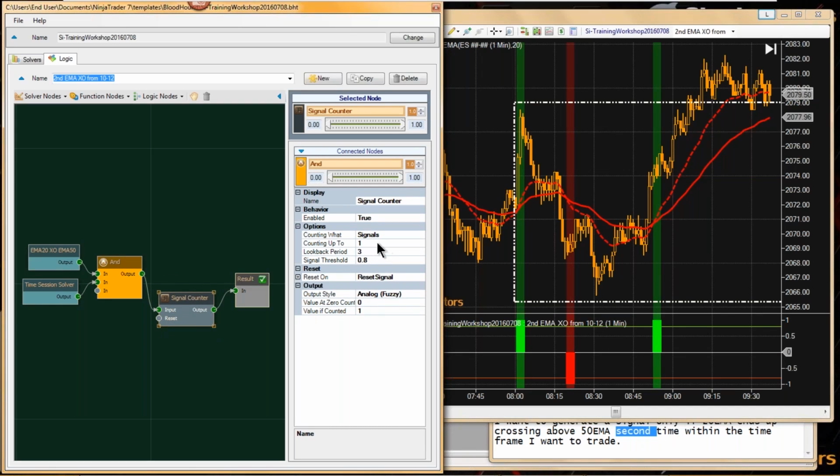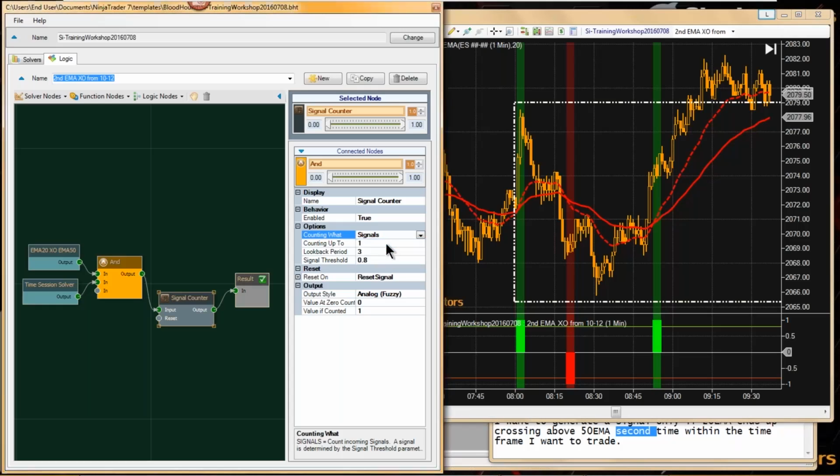And so next, let's go through the settings here. So, there's different things that we can count. So, right, if we want, we can just count straight bars. But typically, most people want to count signals. But if you need to, you can count non-signals.